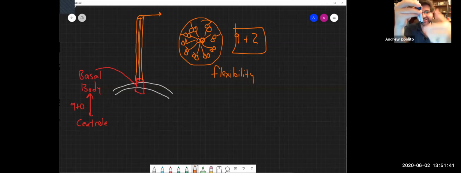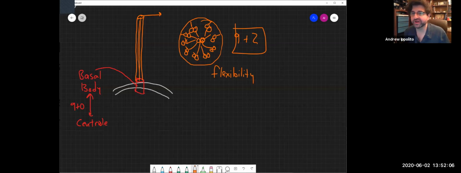If I anchored these 2 in place, and I forced this to rotate or slide between it, they would actually end up bending like this. You see that? That's what causes the zigzagging, and that's what causes the locomotion. That's how the cilia and flagella move.